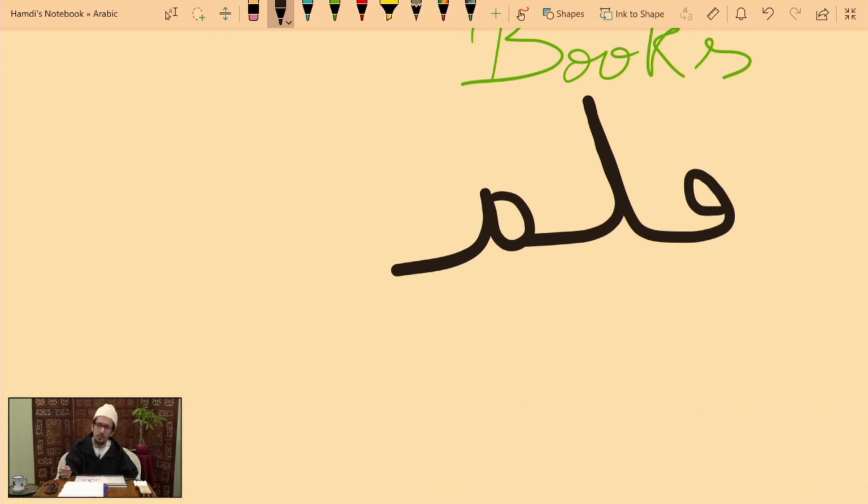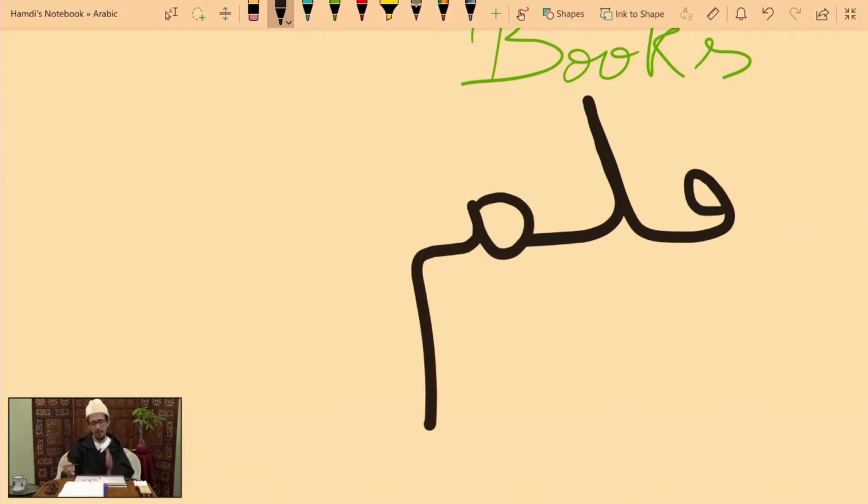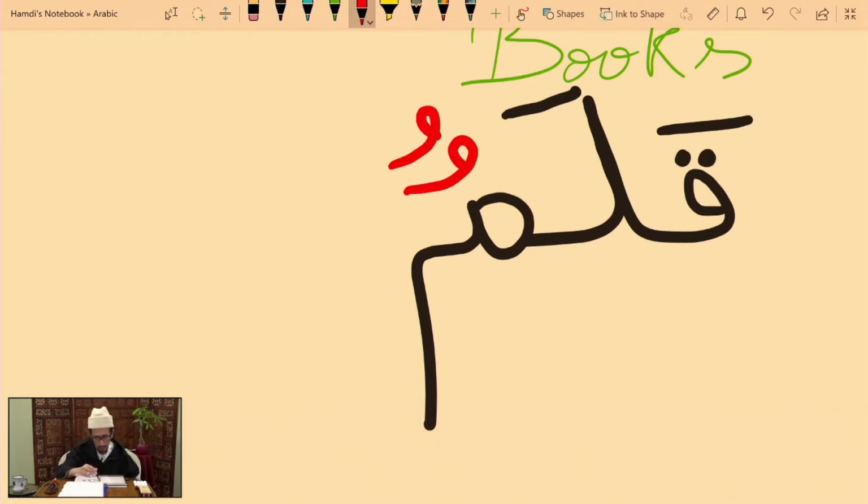Just for you to know that in modern calligraphy, the meem at the end of the word, they write it more like this. So it goes down like that. So that's qa, la, and again the movements mun, qalamun.